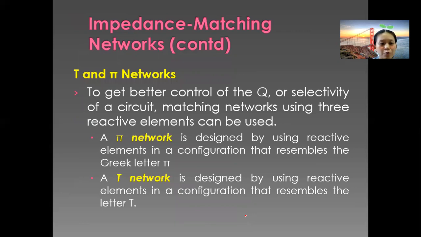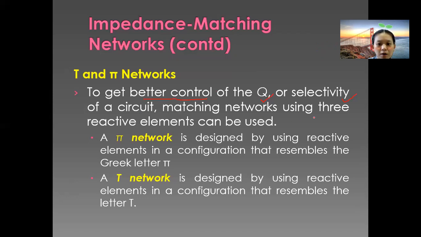So we now go to the T and pi networks. This T and pi network is better for controlling the Q, or the selectivity, of the circuit.